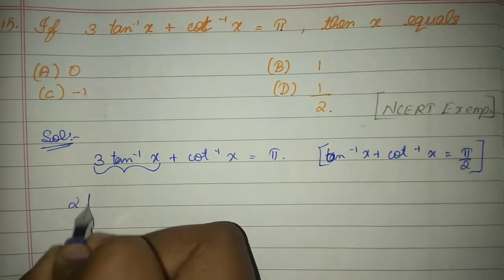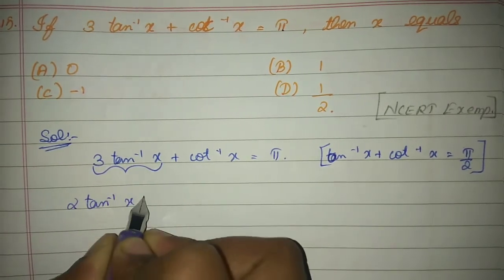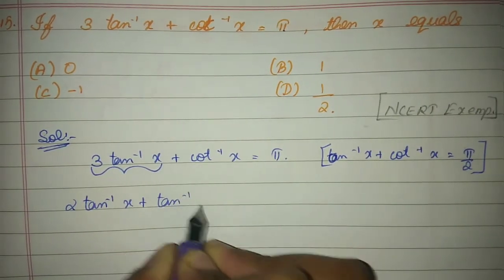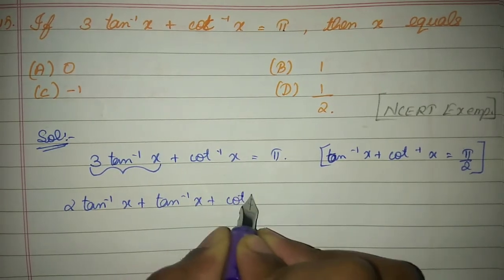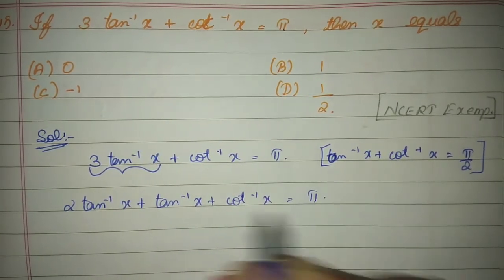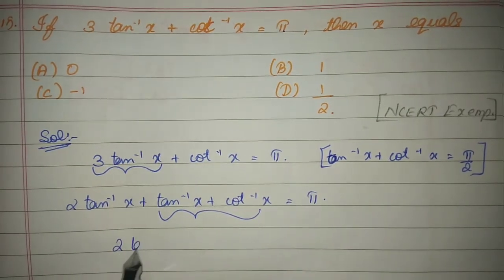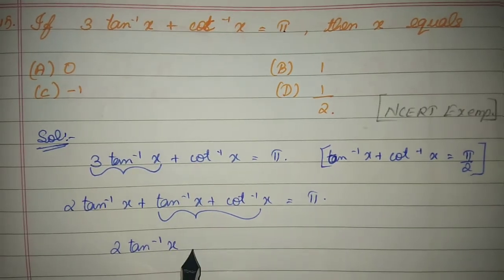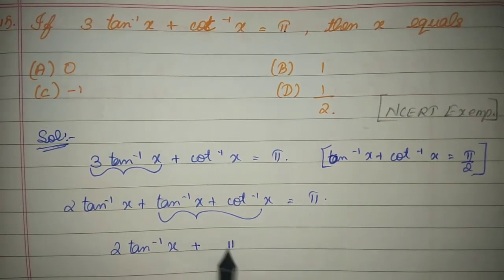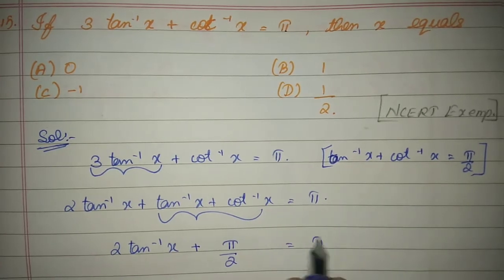So I will have 2 tan inverse x plus tan inverse x plus cot inverse x is equal to pi.